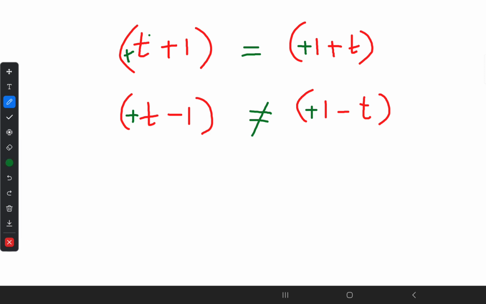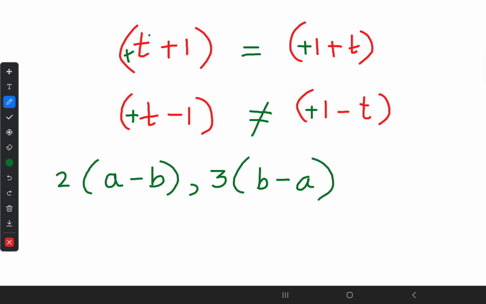So in upcoming LCMs, we will have 2 times a minus b, comma 3 times b minus a. Look at this. 2 times a minus b, 3 times b minus... No, I will write it as plus. So I can write 2 times a plus b, a plus b in the same order.